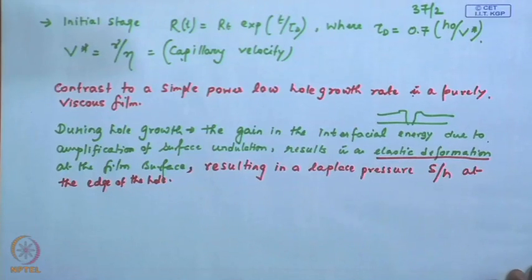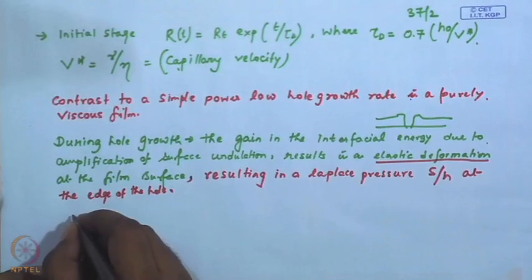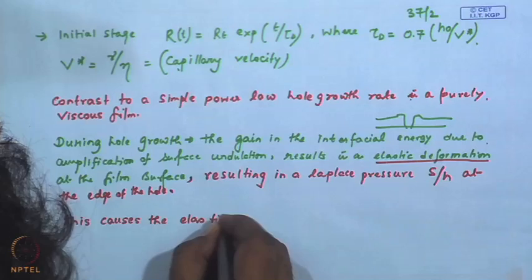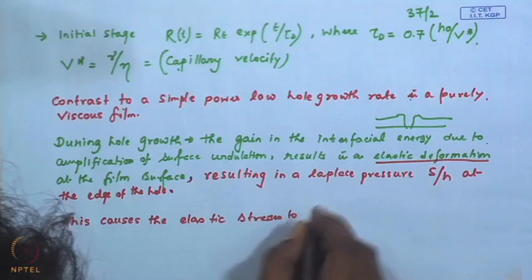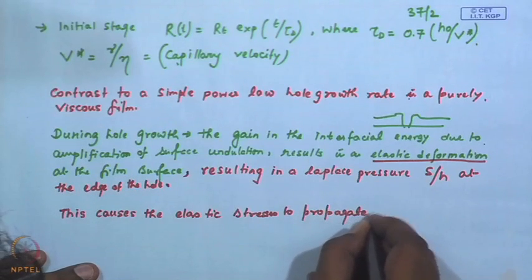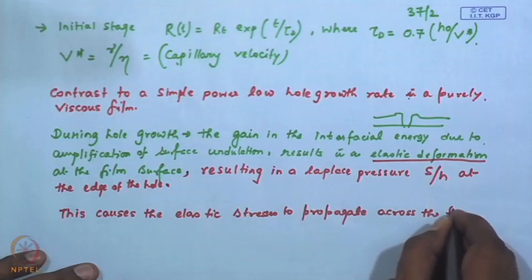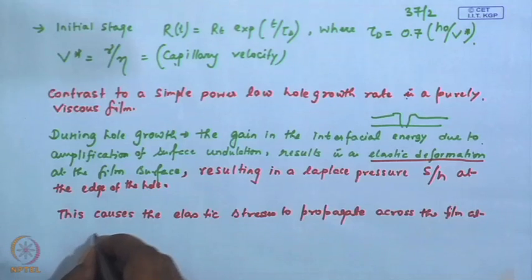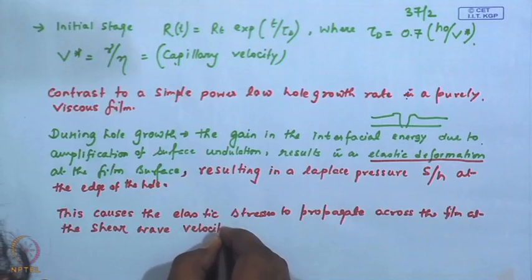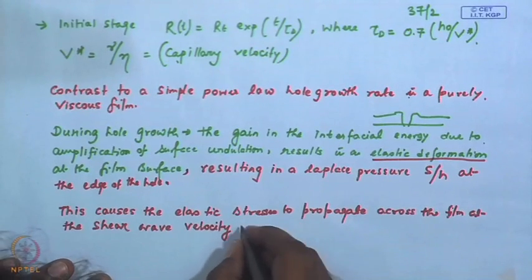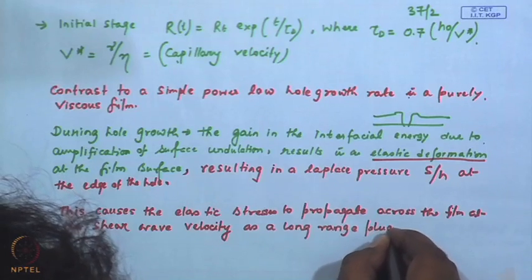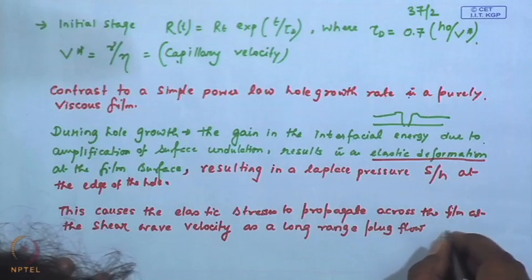And this causes the elastic stress to propagate across the film at the shear wave velocity as a long range plug flow without any localized accumulation of polymer.